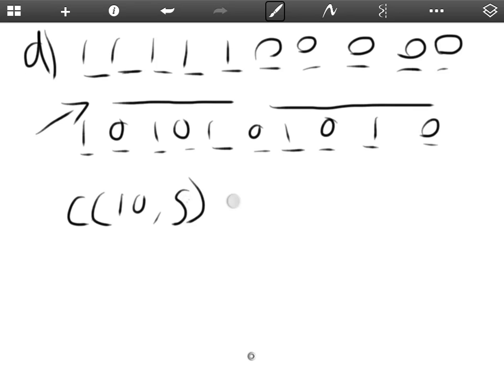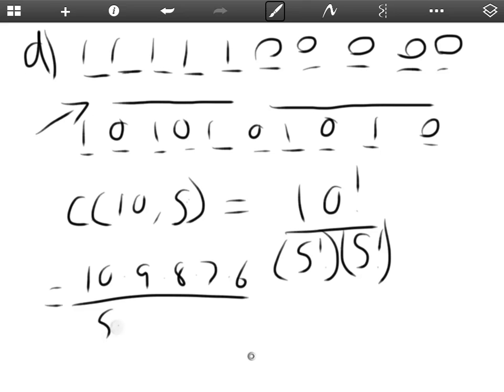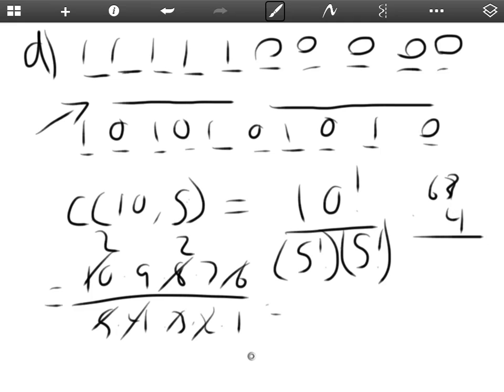The answer is 10 factorial over 5 factorial times 5 factorial, which is equal to 10 times 9 times 8 times 7 times 6, all over 5 times 4 times 3 times 2 times 1, which is just 6 times 7, 63 times 4.